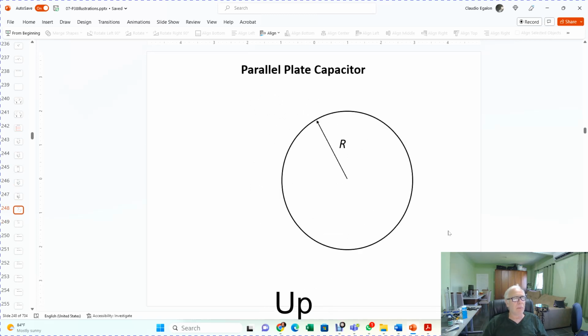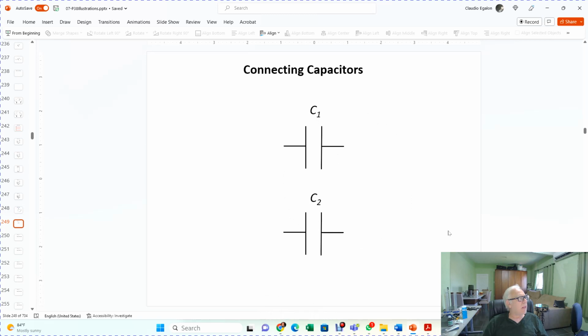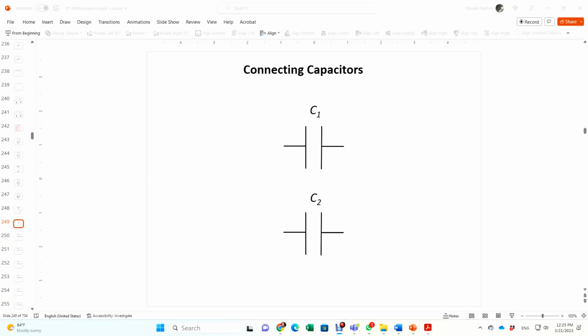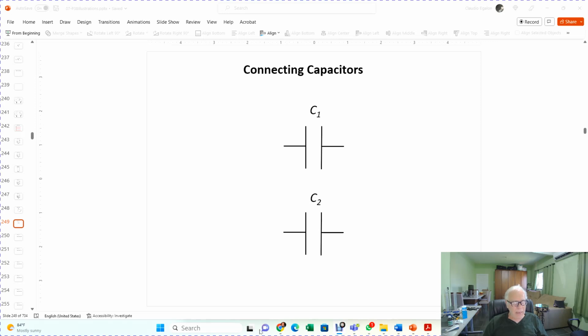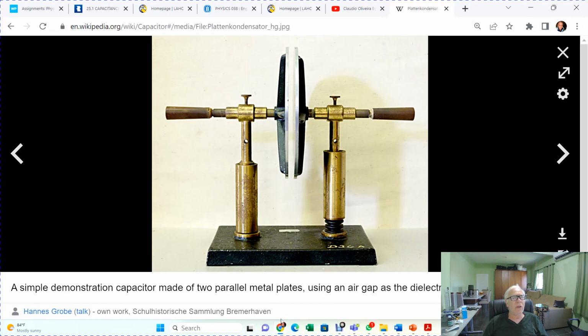Okay, here is the parallel plate capacitor, and here is the symbol of the capacitor. Okay, so we represent a capacitor in every circuit diagram as two parallel plates. Okay, two lines like that. That's one of the representations of the capacitors. There are others, okay, but this one is the most commonly used.